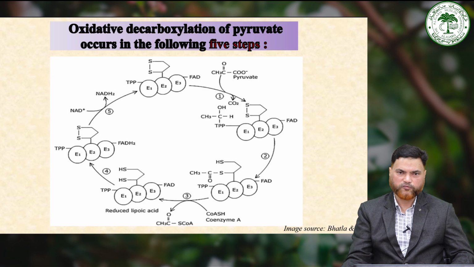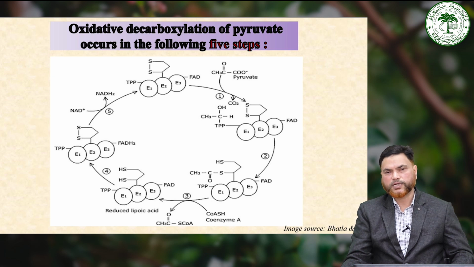So, you see in the slide the first reaction. This process is equivalent to the one carried out by yeast pyruvate decarboxylase. Then second, unlike pyruvate decarboxylase, pyruvate dehydrogenase does not convert hydroxyethyl TPP into acetaldehyde and TPP. Instead, it transfers the hydroxyethyl group to the lipoic acid of the subsequent enzyme dihydrolipoyl transacetylase E2 in the complex, creating a thioester bond.